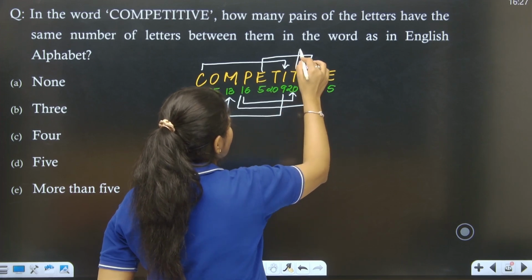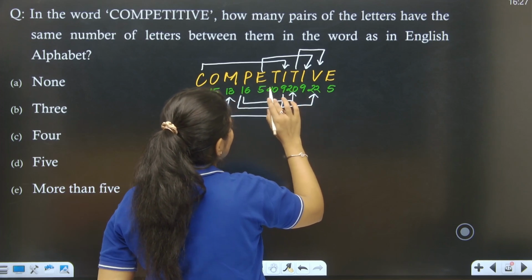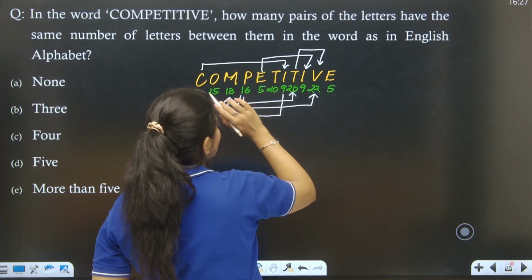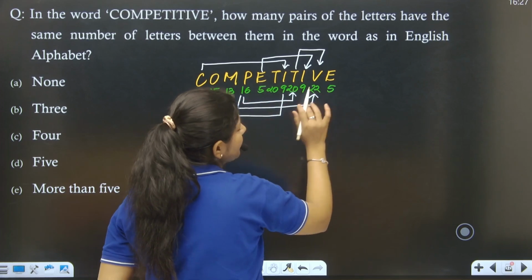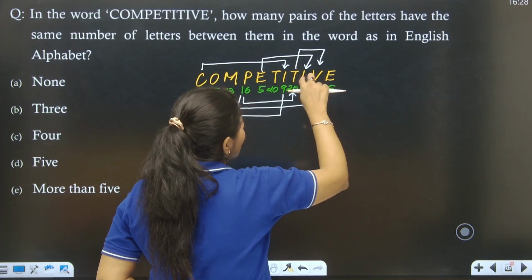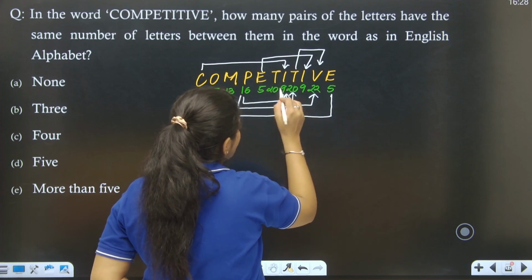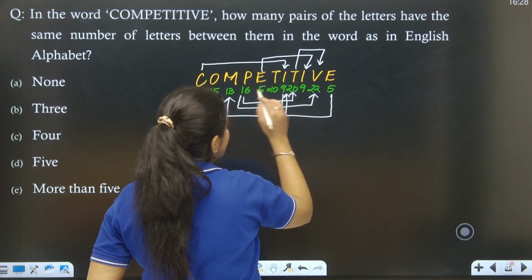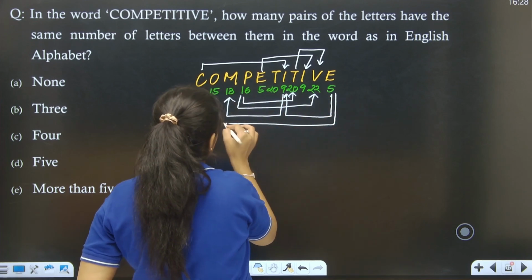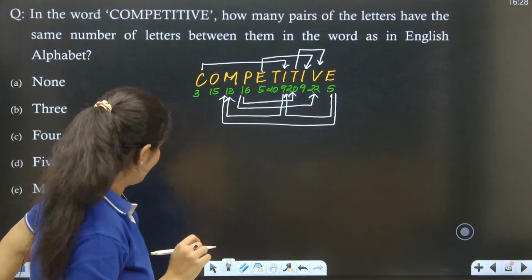Here we got one more pair. 22 is the highest number, so there is no point to count with this. 5, 6, 7, 8, 9. 9, 10, 11, 12, 13. 14, 15.